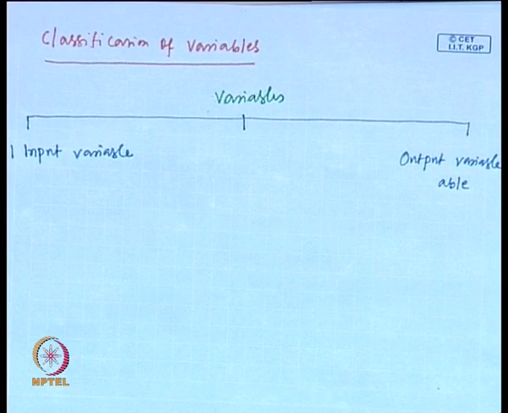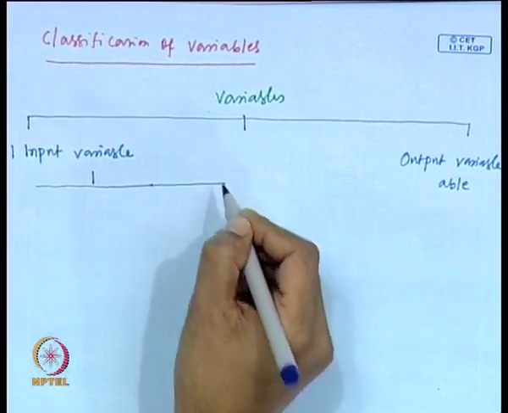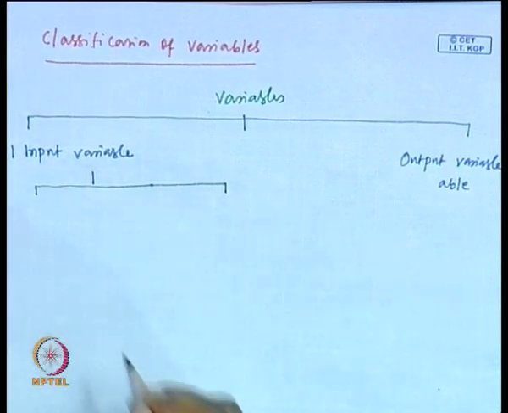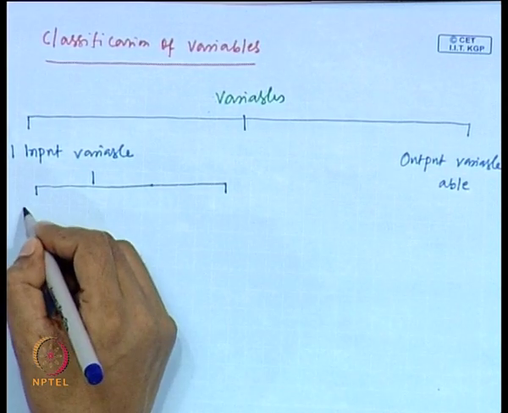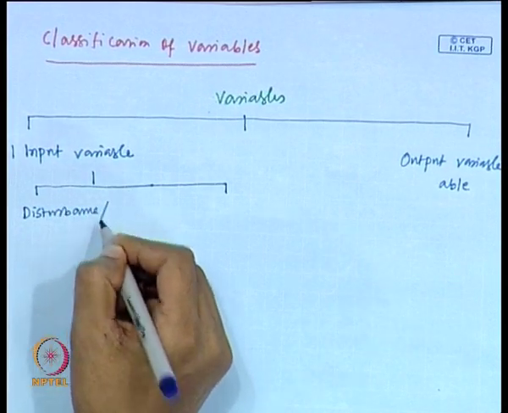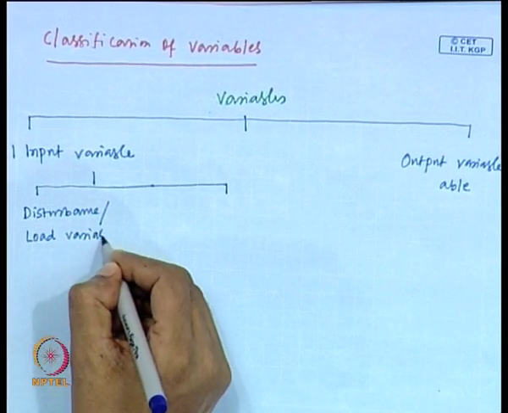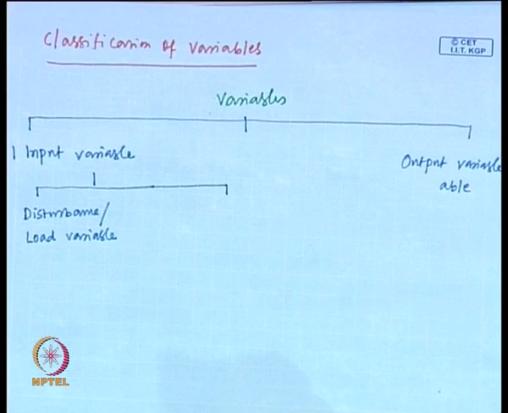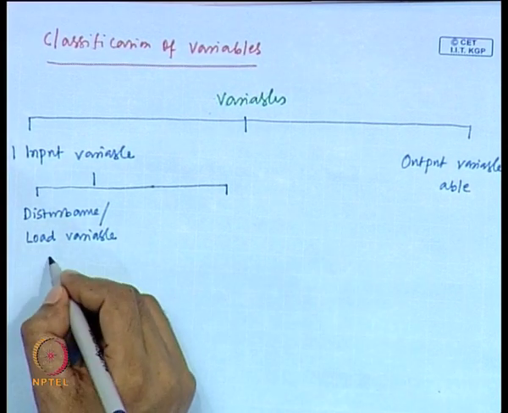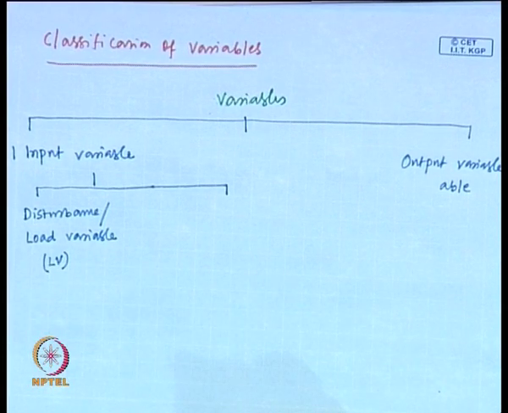Now, input variable is again of two types. One is the disturbance or load variable, and it is conventionally represented by LV.